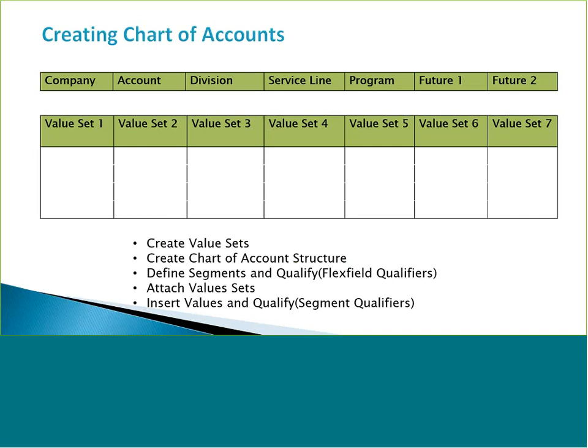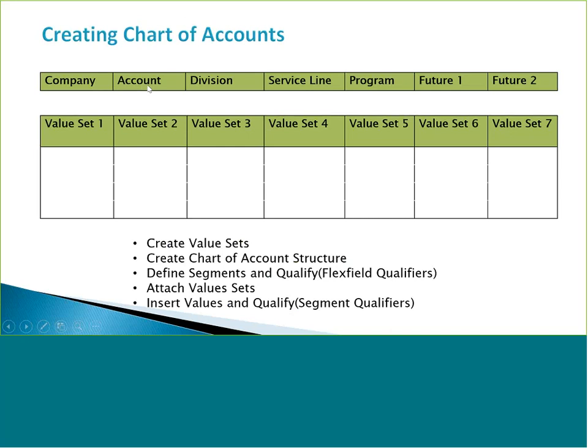Now, we're going to start with the chart of accounts. And this is what our chart of accounts is going to look like. At the top here, we are going to have the chart of account structure. Remember, we discussed that a chart of account has a chart of account structure, which is divided into segments. So these are the segments that we are going to have. We are going to have a company segment, which is also going to be a balancing segment.